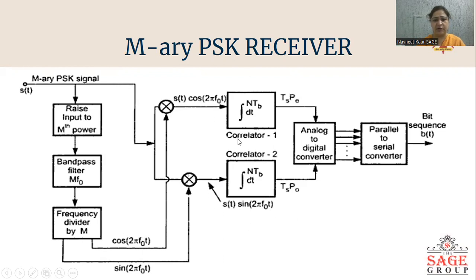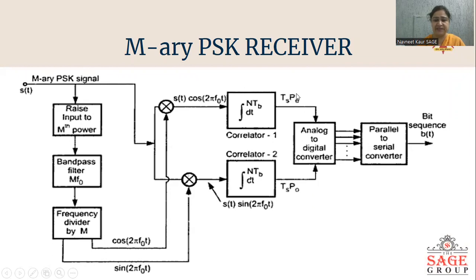Now, this block represents the integrate and dump receiver. This circuit will integrate these incoming voltage signals over a symbol period Ts, which is given as n Tb. Whenever these 2 signals are given to the 2 integrate and dump receivers, we will get for the upper receiver root Ts times Pe and for the lower root Ts times Po.